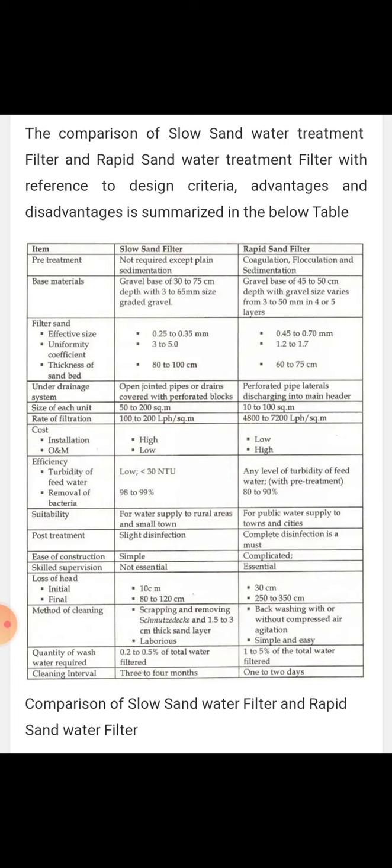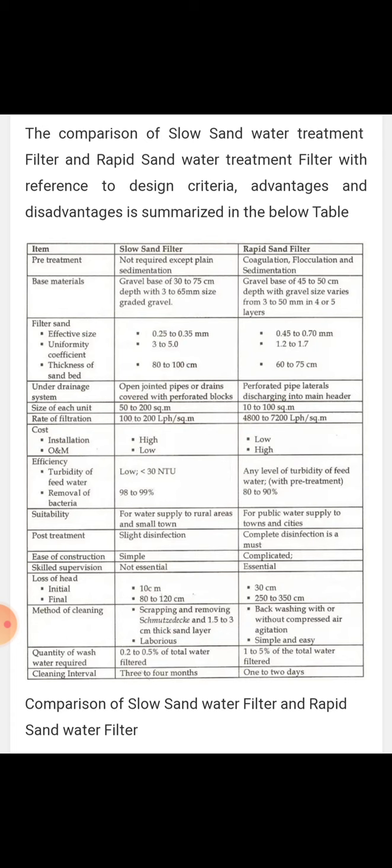You can use sand as a filter media, or you can use charcoal or coal as a filter media. Water is allowed to fall freely over the sand media, so that the impurities present in the water are retained in the sand, and you finally get good quality water at the bottom of the filter. So this is the definition of filtration.